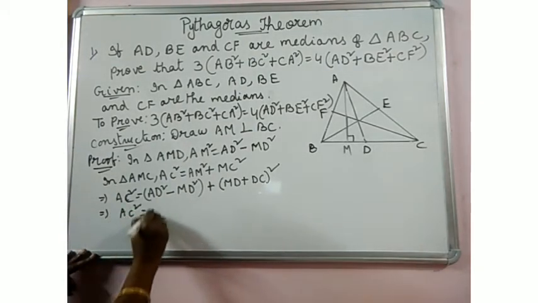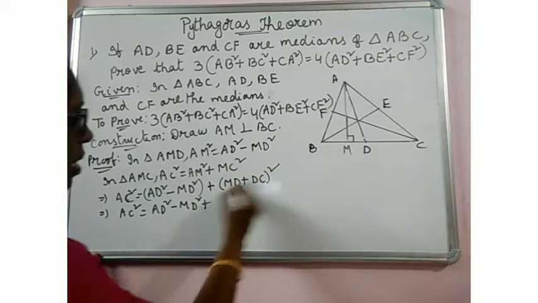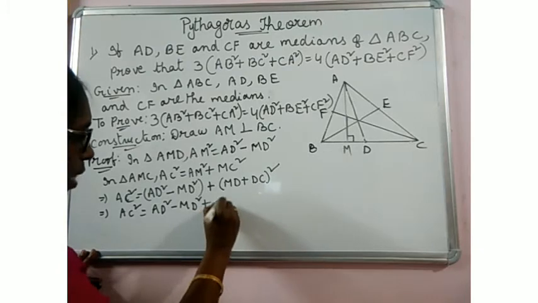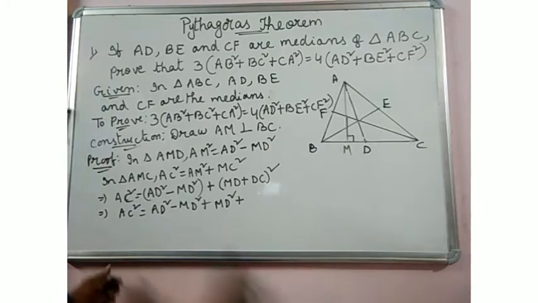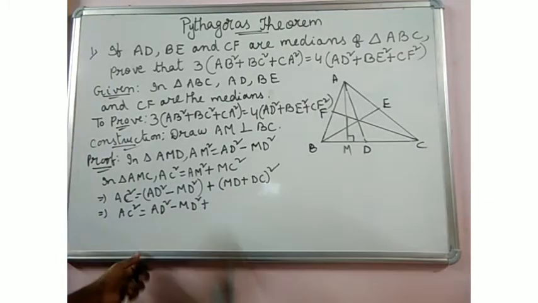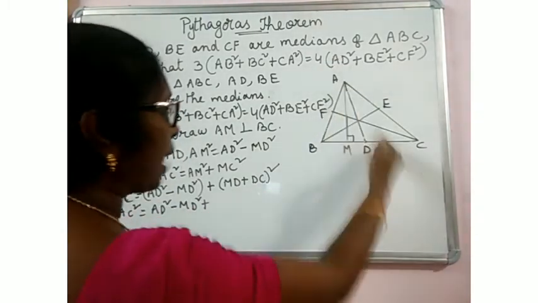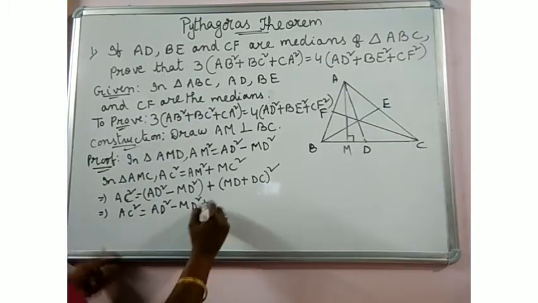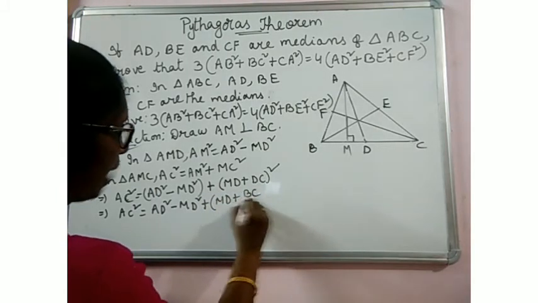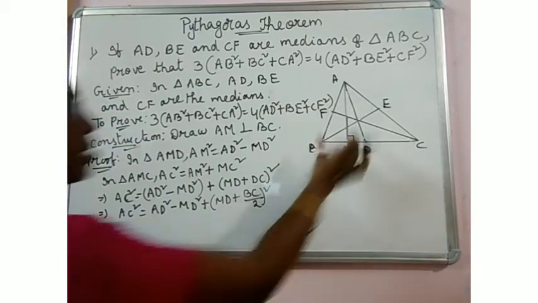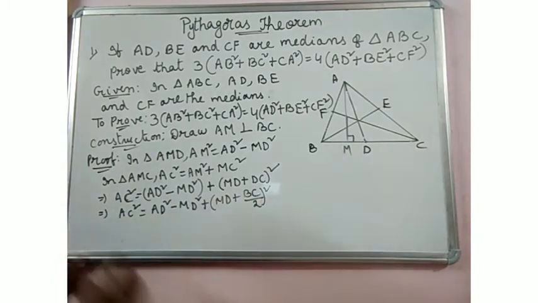DC is half of BC because AD bisects the base. So let us write MD plus, in place of DC, BC by 2, because AD bisects the base.